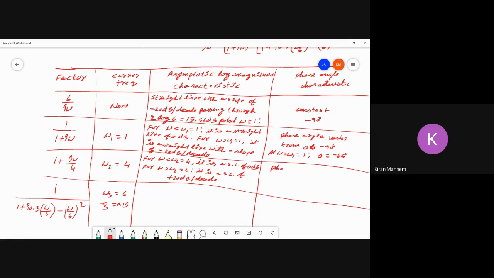Phase angle varies from 0 to plus 90 degrees. So at omega equal to omega 2, that is at 4, your phi value is 45 degrees. So this is about the third basic factor.